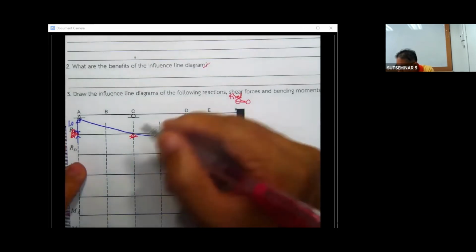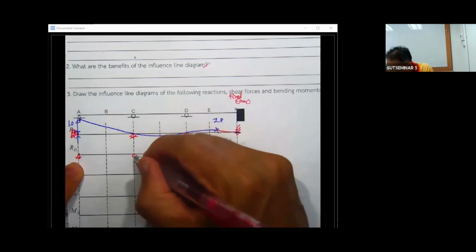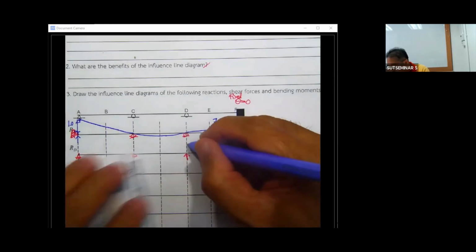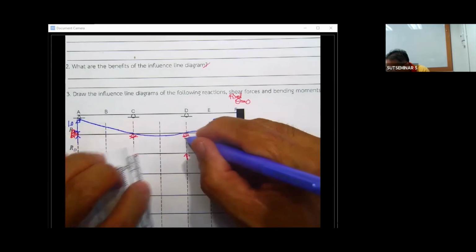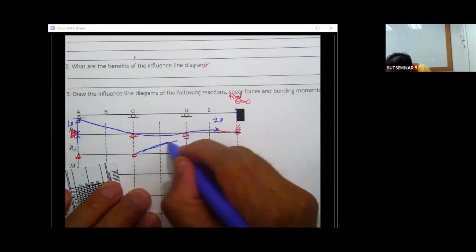For the R sub B, this one is going to be the same. Release the roller, just put the force here, and this one is fixed. This one is going to move up to this position, and this one is going to be curved like this.